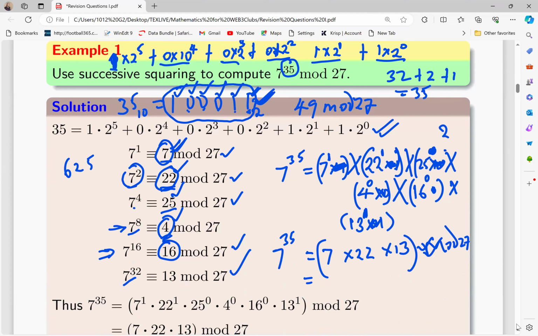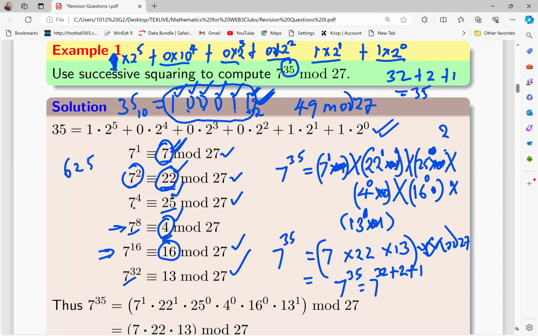Now, what I had shown you earlier is the same thing, what we were doing in the previous class. We had said that 7 raised to 35 will be the same as 7 raised to 32 plus 2 plus 1.